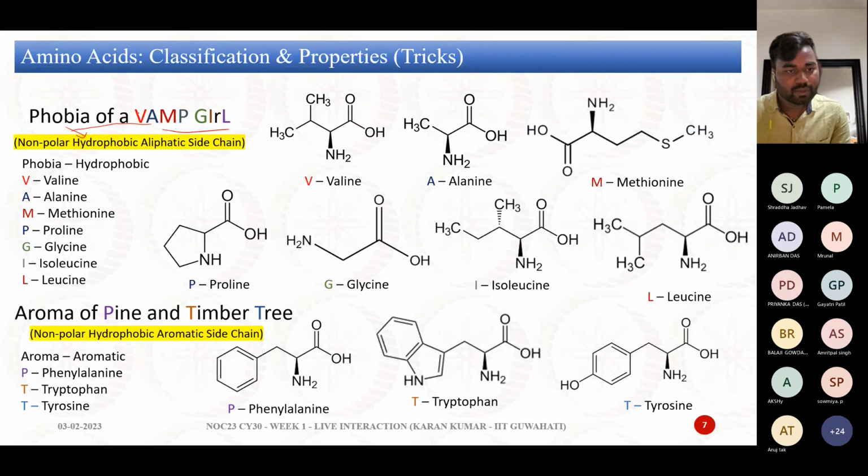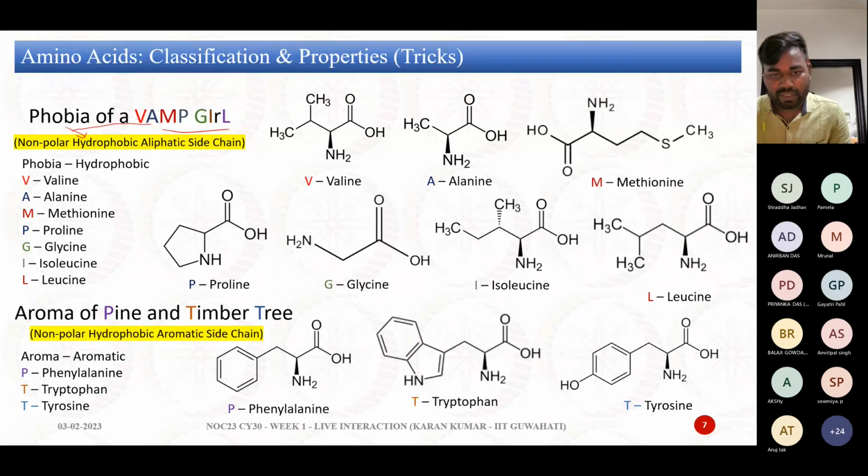Okay, so here V represents valine, A represents alanine, M represents methionine, P represents proline. Then in girl, G represents glycine, I represents isoleucine, and L represents leucine. So now you can check all the side chains.